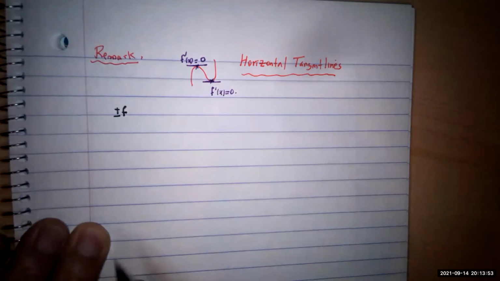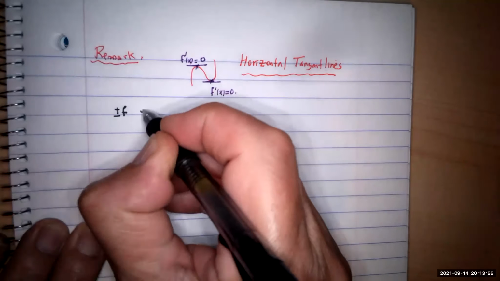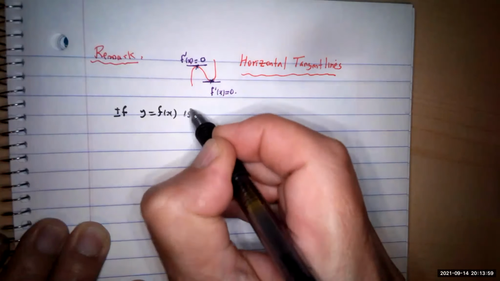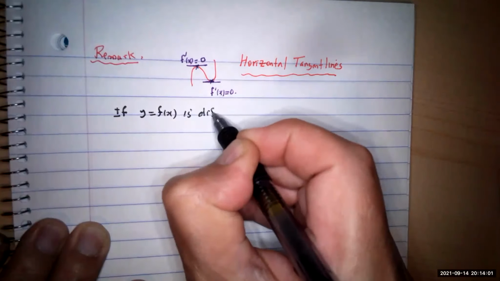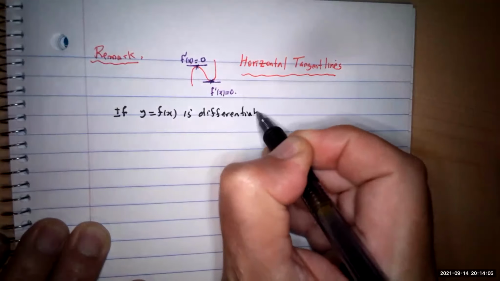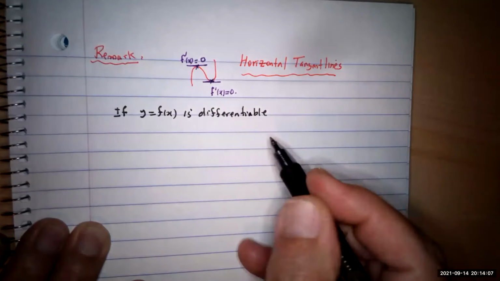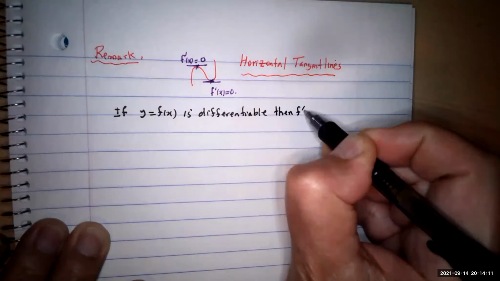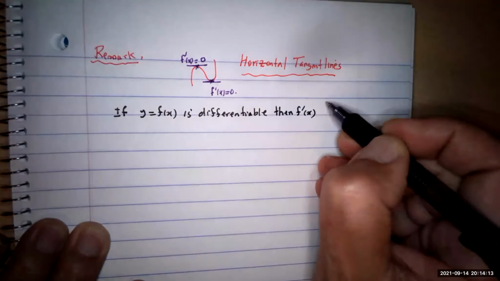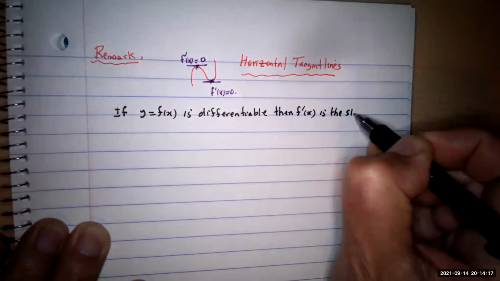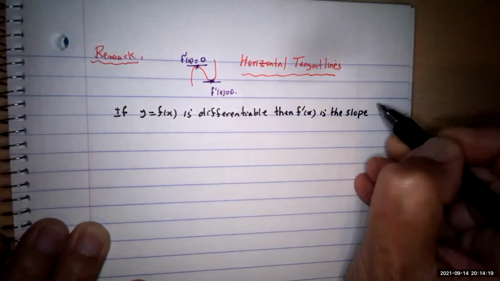So that's the problem. If y equal to f of x is differentiable, means you can find the derivative. If this is differentiable, then the derivative f prime, you know that would be the slope of what?